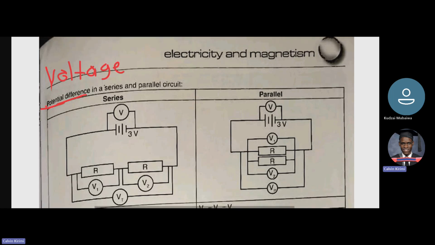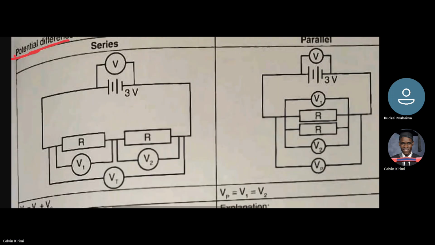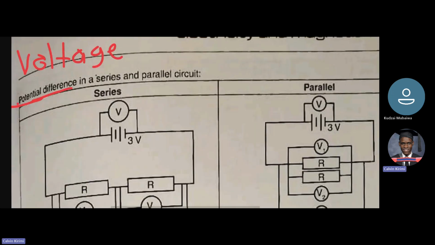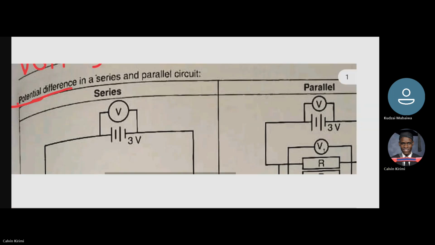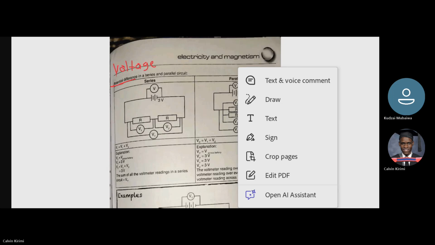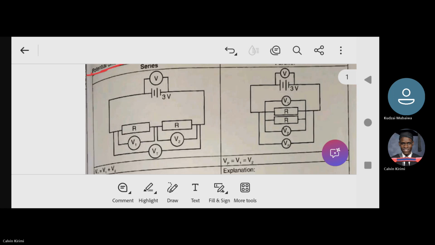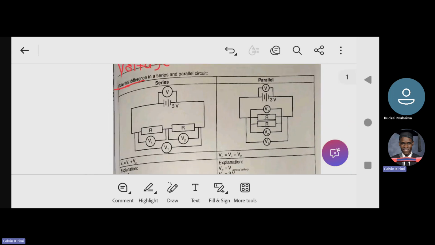So we're saying the component voltage is measured in volts. That is why the unit is volts, with just the letter V. So on that diagram on the left, how does current move?